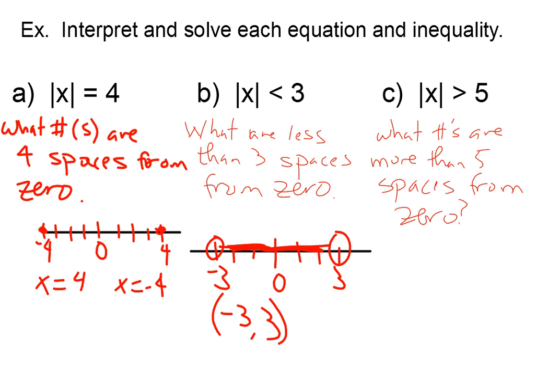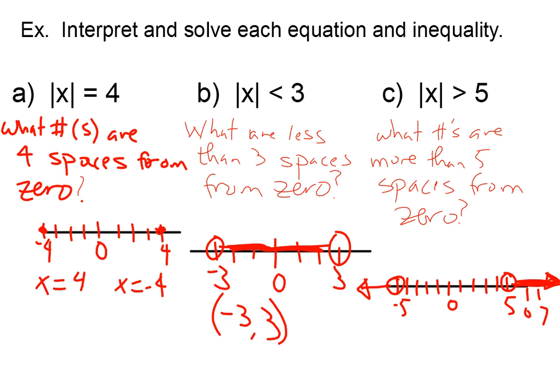Well, again, on a number line, I would have, here's 0, 1, 2, 3, 4, 5, 1, 2, 3, 4, 5. Well, in this case, what numbers would be greater than 5 spaces from 0? Starting at 5, wouldn't it be all the numbers to the right, like 6, 7, 8, 9, 10, like that, right? And starting on -5 on the left, what numbers would be further than that? All the numbers further than that would be -6, -7, and so on, right?